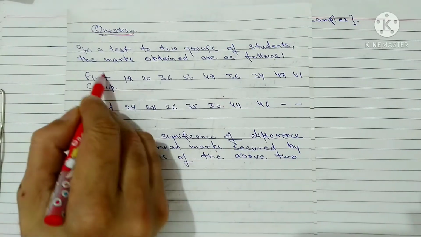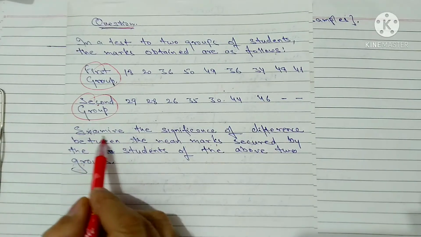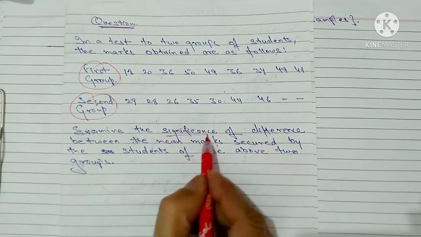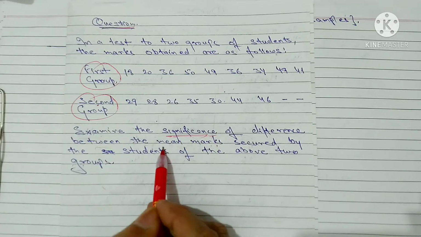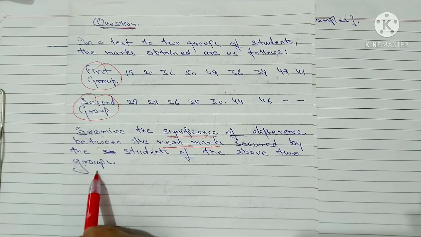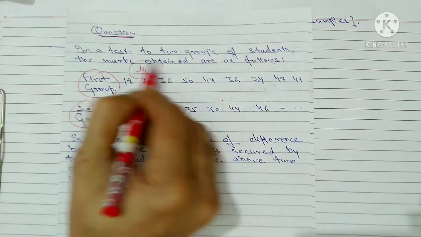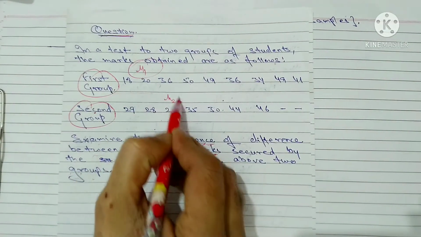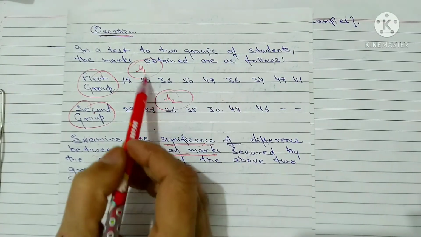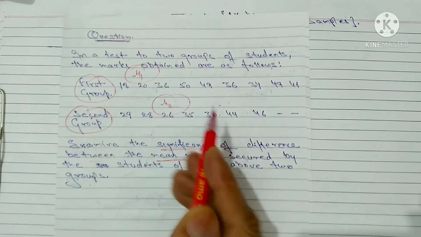Marks of two groups are given, group number 1 and group number 2. Examine the significance of difference between the mean marks scored by the students of the above two groups. Let mean of group 1 be mu1 and mean of group 2 be mu2.